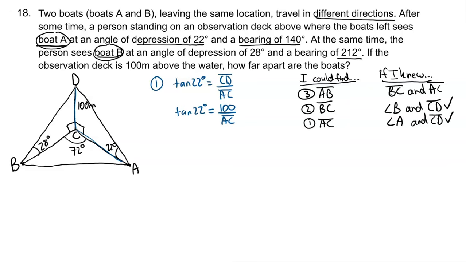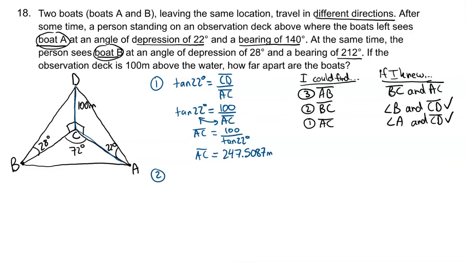Now I can multiply both sides by AC, and then divide both sides by tan of 22. Effectively I'm switching the places of tan 22 and AC. So AC is equal to 100 divided by tan of 22, and what I get for AC is approximately 247.5087 meters. I'm going to keep lots of extra decimal places because it's important for accuracy as we take that value and calculate other things with it.